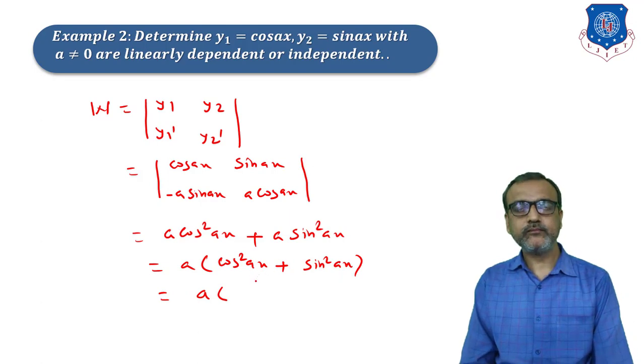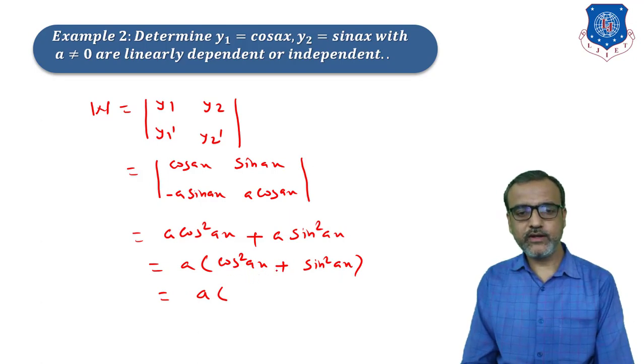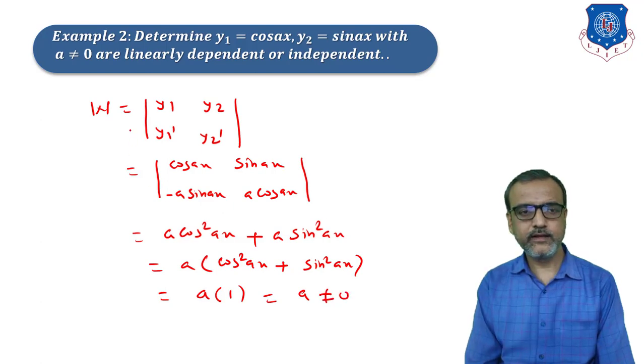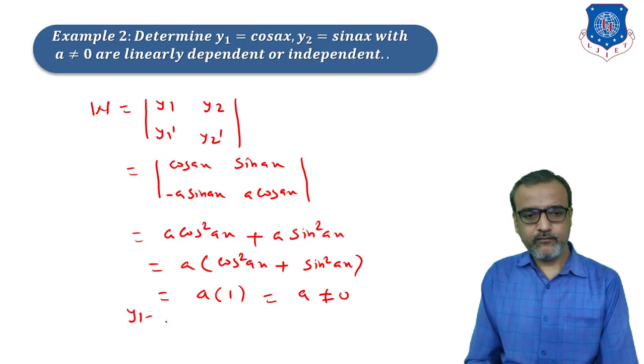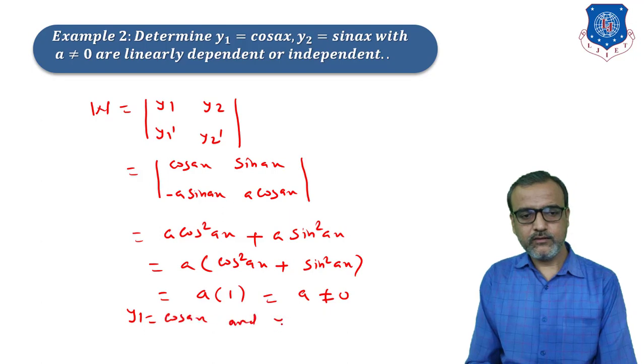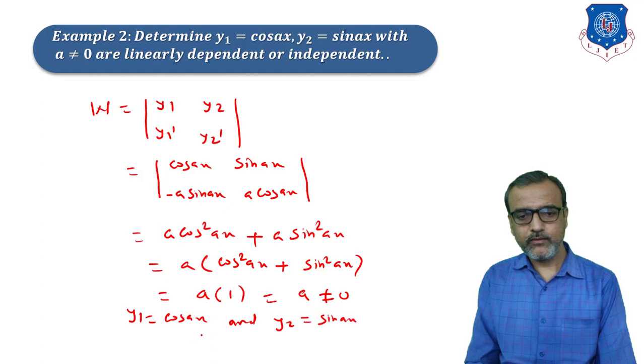So multiplying a by 1 we have a, and a is not 0, that is given to us. So we can say that y1 = cos ax and y2 = sin ax are linearly independent.